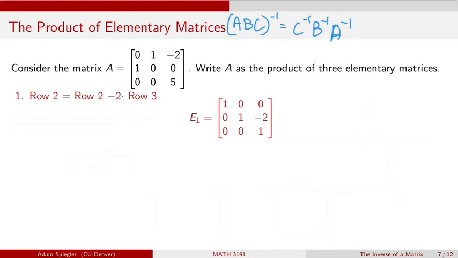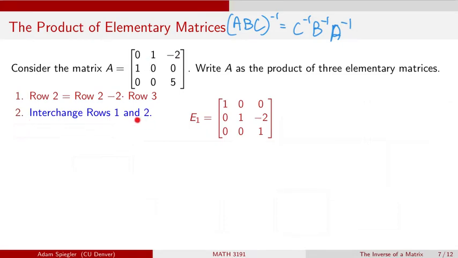Next, we could then do an interchange of rows 1 and 2. So if I interchange these two rows next, then we'll have the top two rows of matrix A. And that would give us, at this point, these top two rows of matrix A matching.